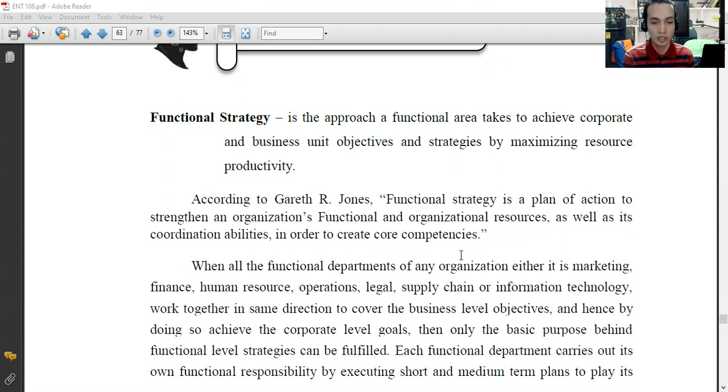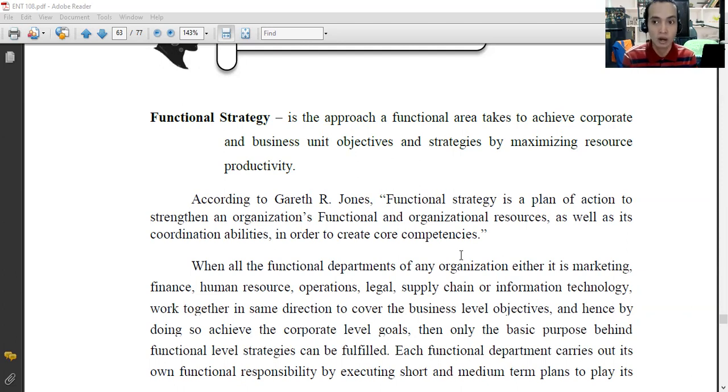We have already learned, or you already learned from your previous courses this semester, that there are several business functions in our organization, such as marketing, based on your ENT 104 or market research and consumer behavior class.